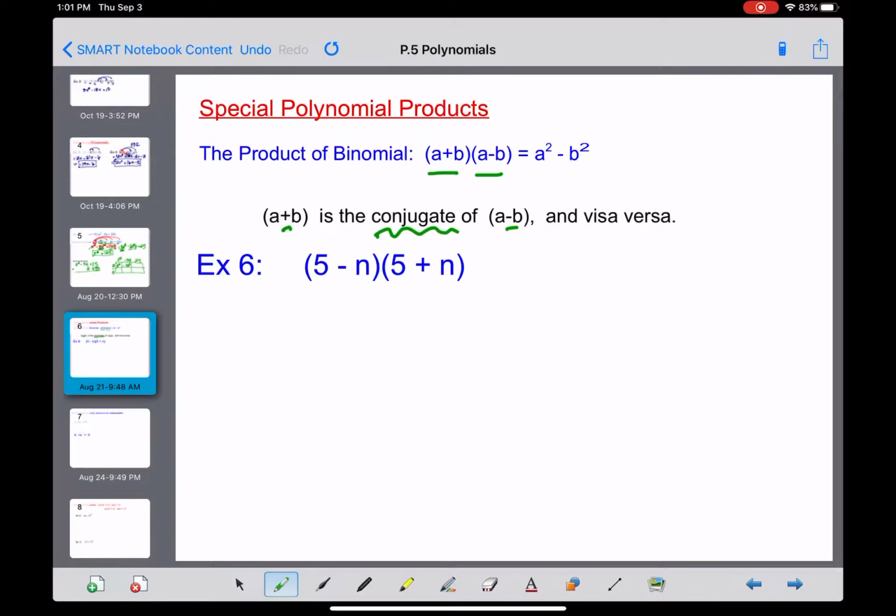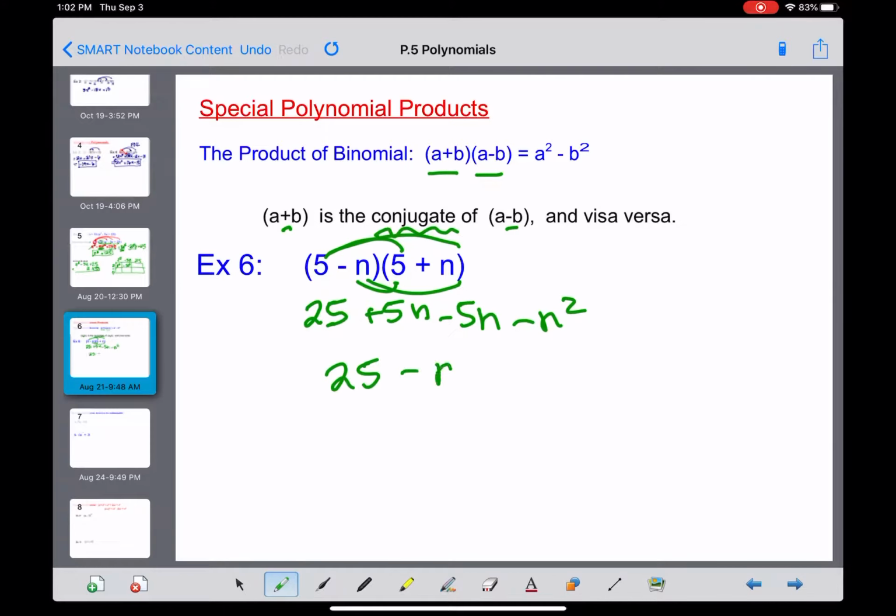So to multiply out this one using FOIL, you'd get 25, plus 5n, minus 5n, minus n squared. So we get 25 minus n squared. But if you start to recognize the pattern, it's just this number squared minus this number squared.